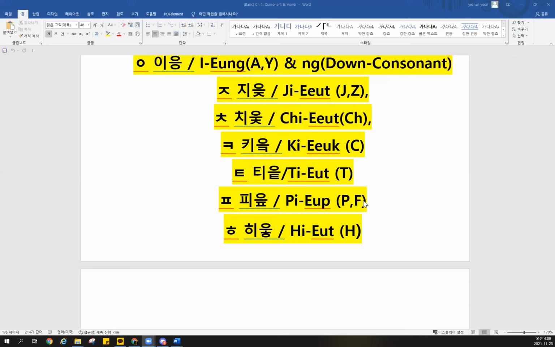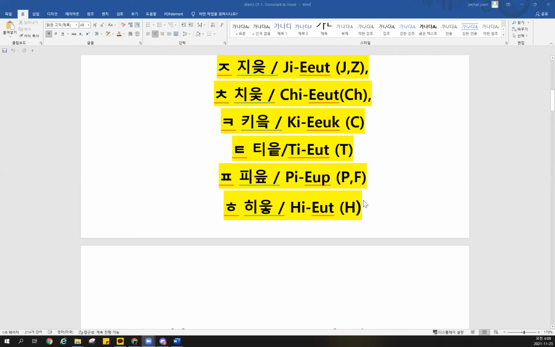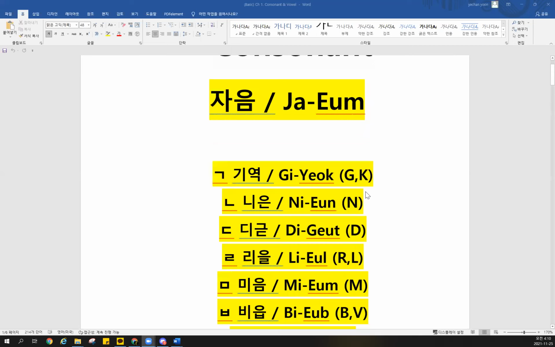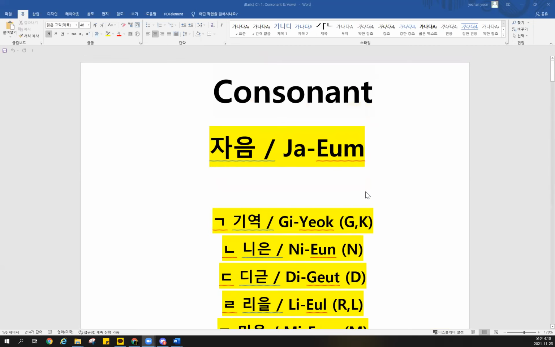So you can say P, and you can write it with P and F. And lastly, we have 히읗. Sounds like H. And you can write it with H. All right, so these are the basic consonants, the basic terms for Korean.